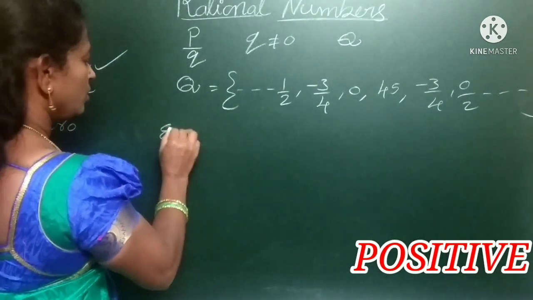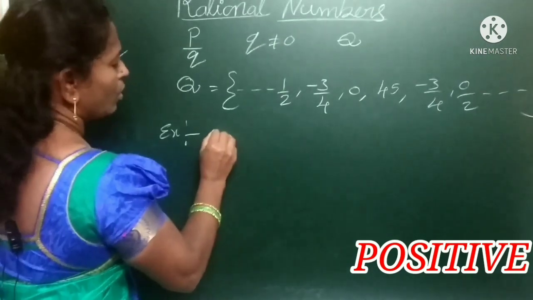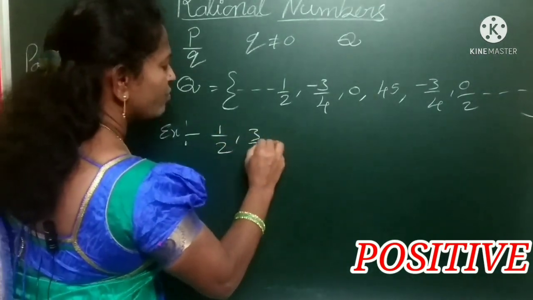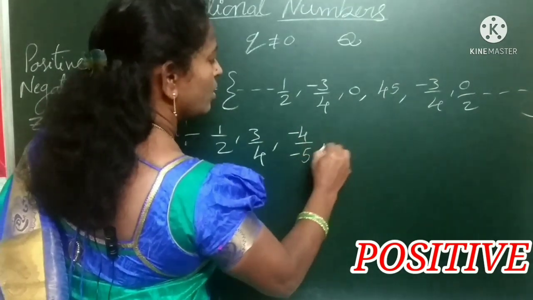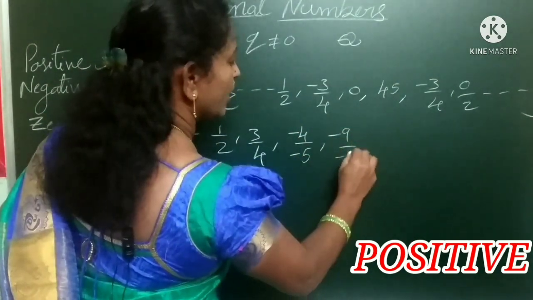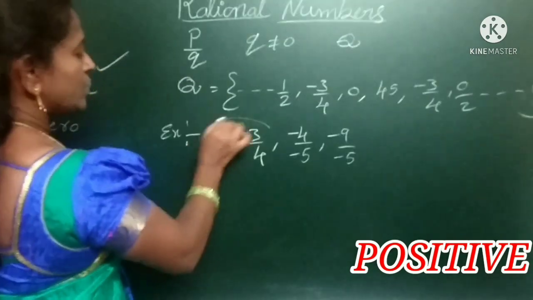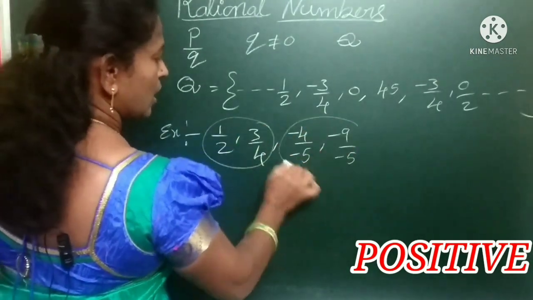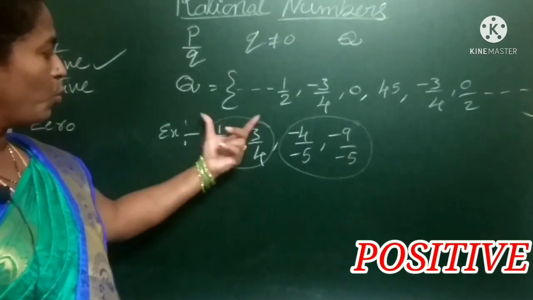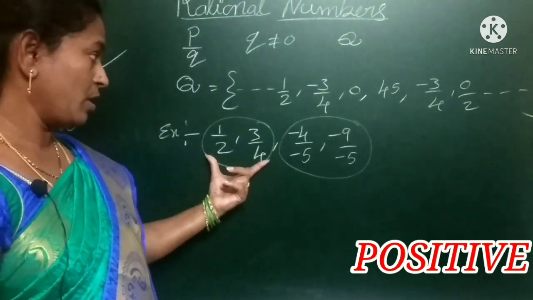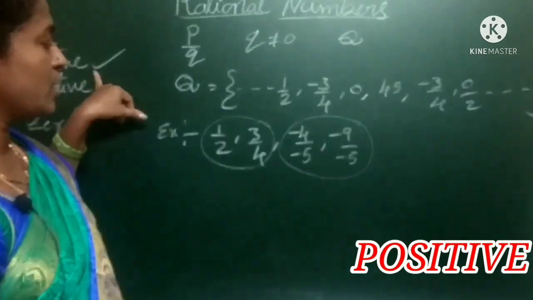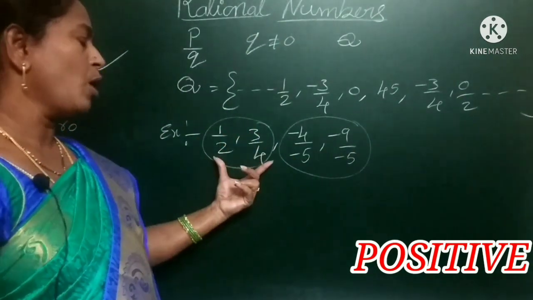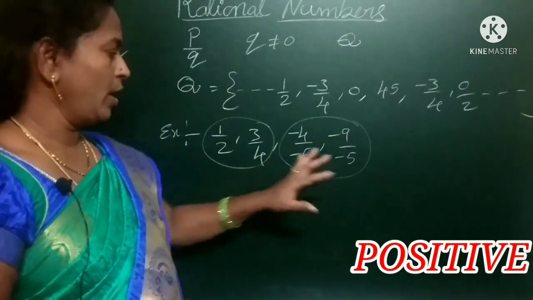For example, 1 by 2, 3 by 4, next minus 4 by minus 5, minus 9 by minus 5. Observe these two rational numbers and these two rational numbers: here numerator and denominator both are positive, here both are negative.